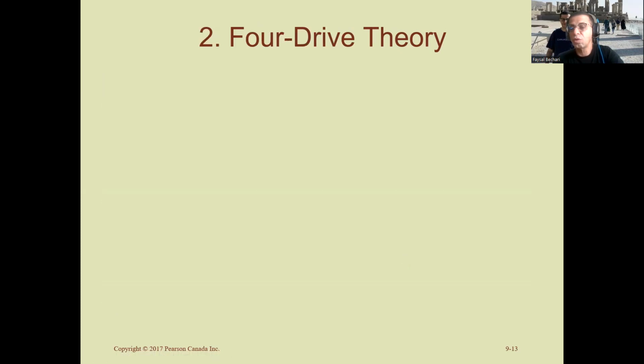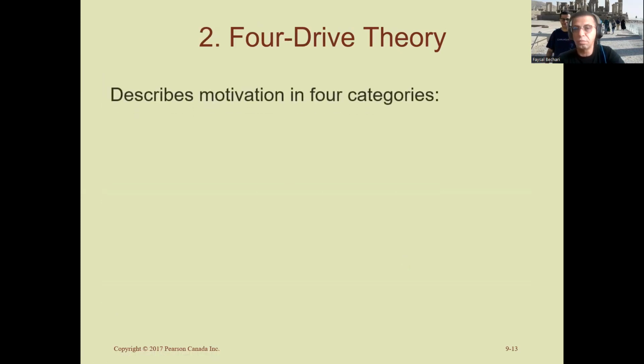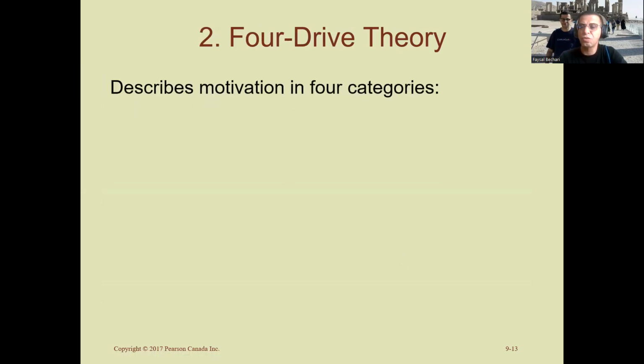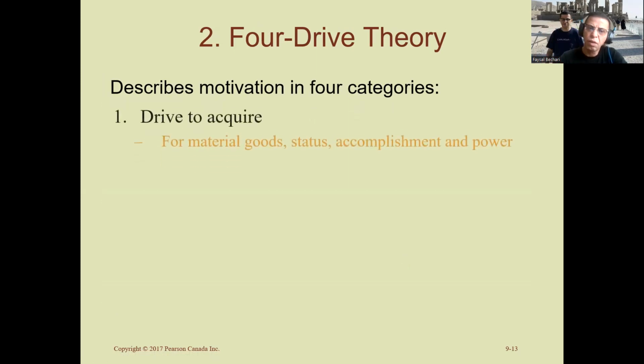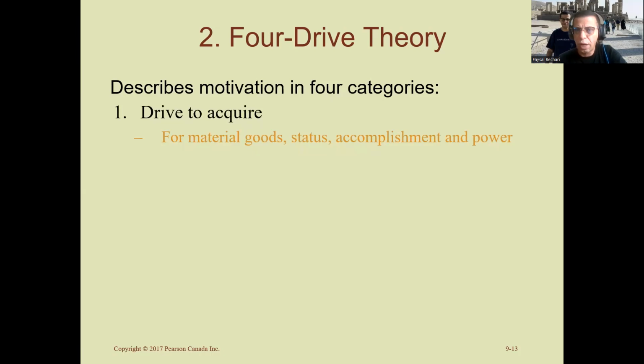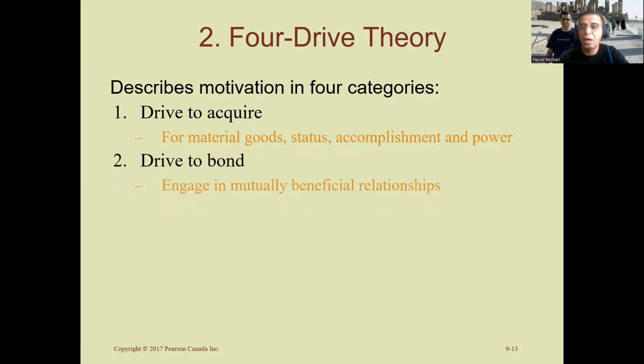Then you have what you call the four drive theory, which describes motivation in four categories. A drive to acquire: you're seeking material goods, status, accomplishment, and power. You may drive to acquire these things or some combination of them. Then a drive to bond, which is to engage in mutually beneficial relationships.